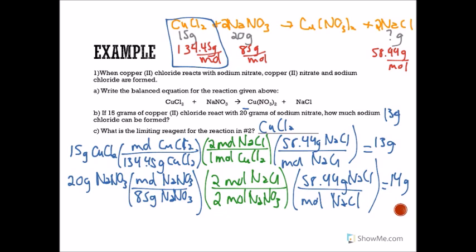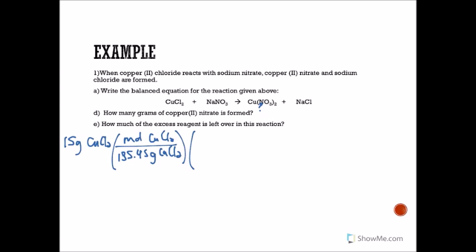We have 1 mole of copper 2 chloride, and we're looking for grams of copper 2 nitrate. We have 1 mole of that, so 1 mole copper 2 chloride, 1 mole of copper 2 nitrate. And then we need to convert back to grams by using our molar mass.